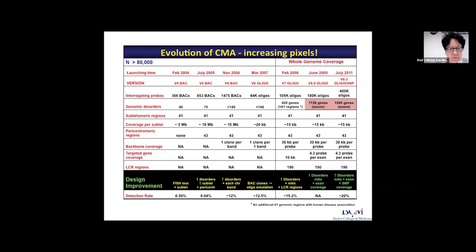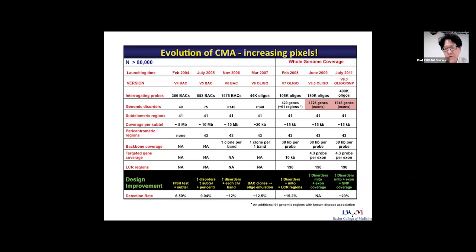When the BAC array came along, we put them into the BAC array. Then when Agilent came along in 2007, they had the 44K, then doubled to 105K, then 180K, and then 400K.